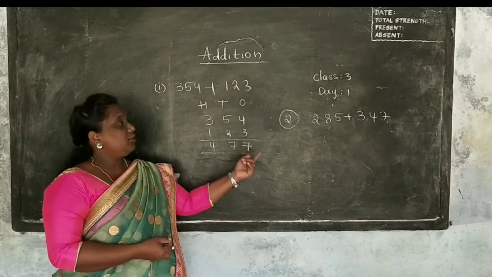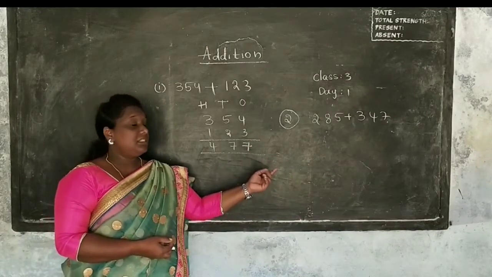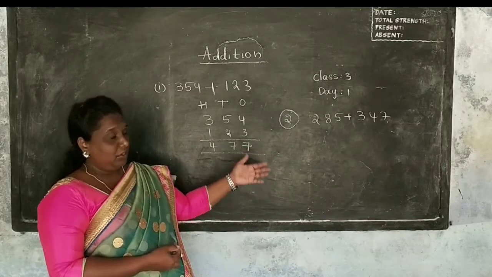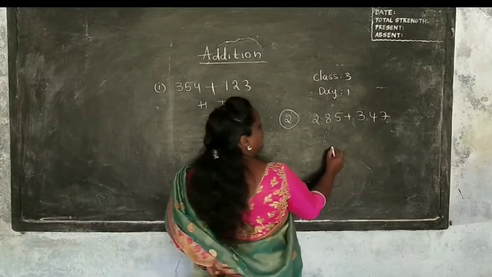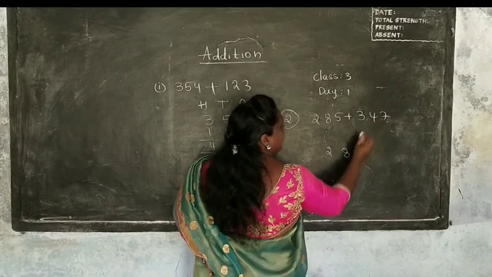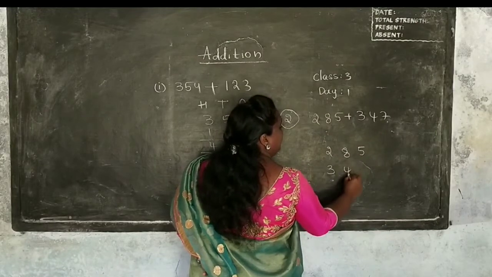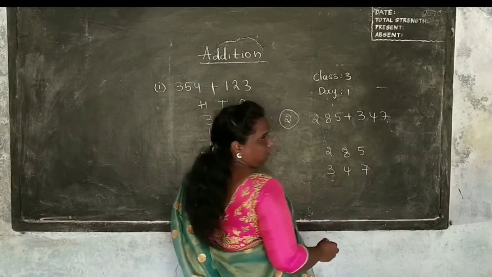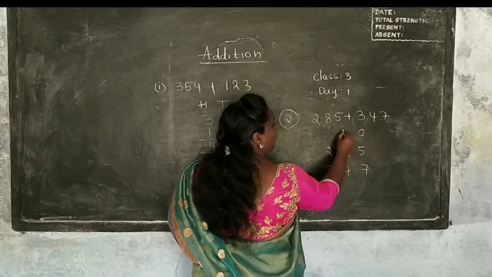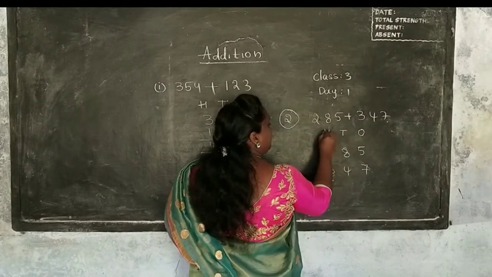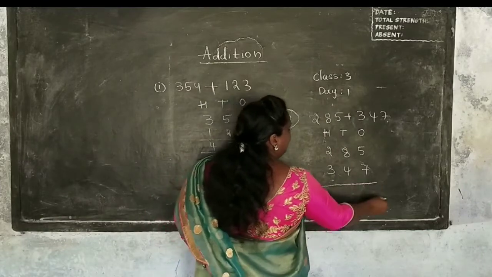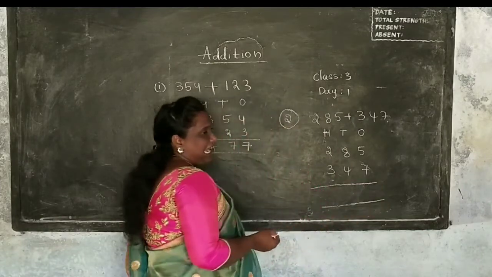First we are writing 285. The next, 347. Then as usual, ones column, tens column, hundreds column. Now here you will get a problem by adding.